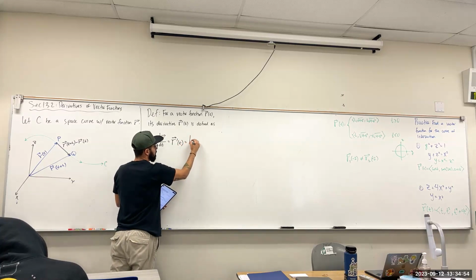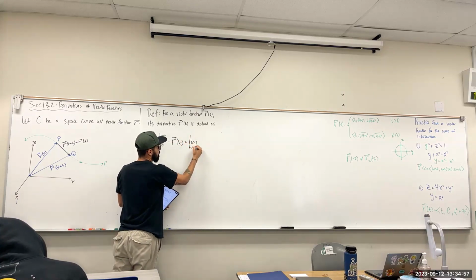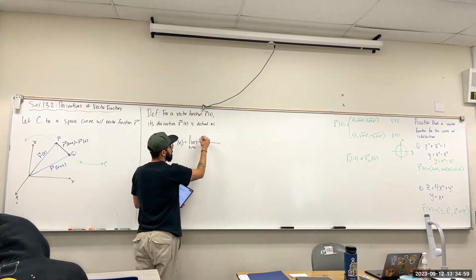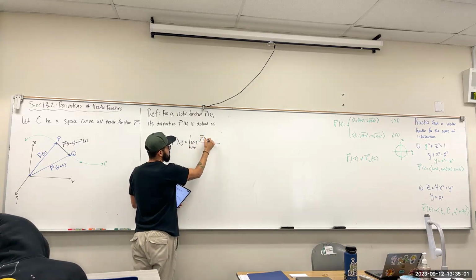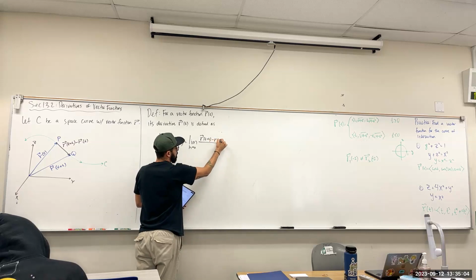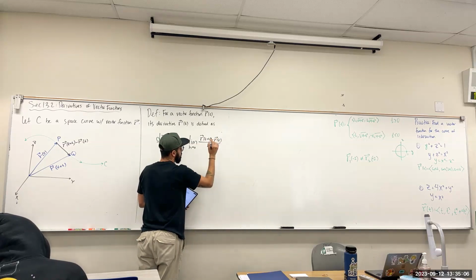We're going to say this is the limit as h goes to 0 of r of t plus h minus r of t over h.